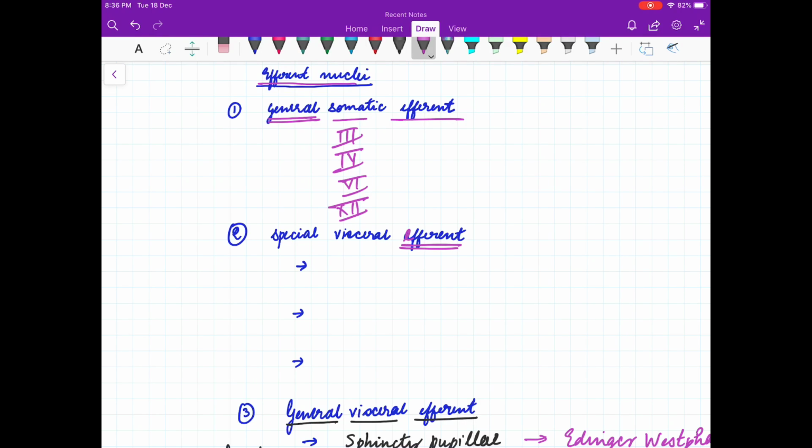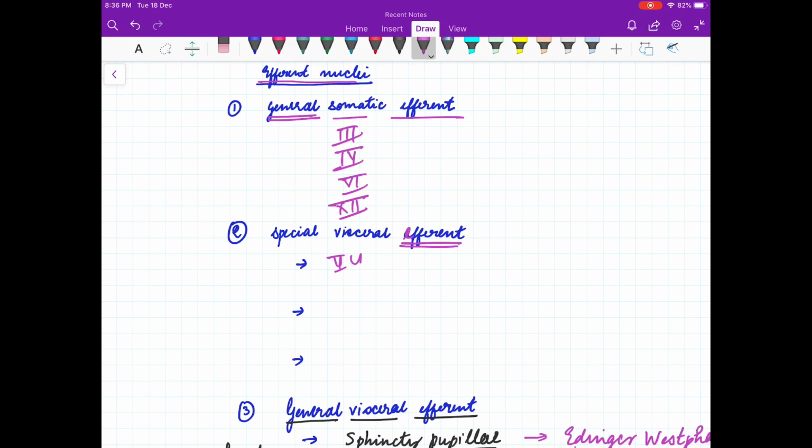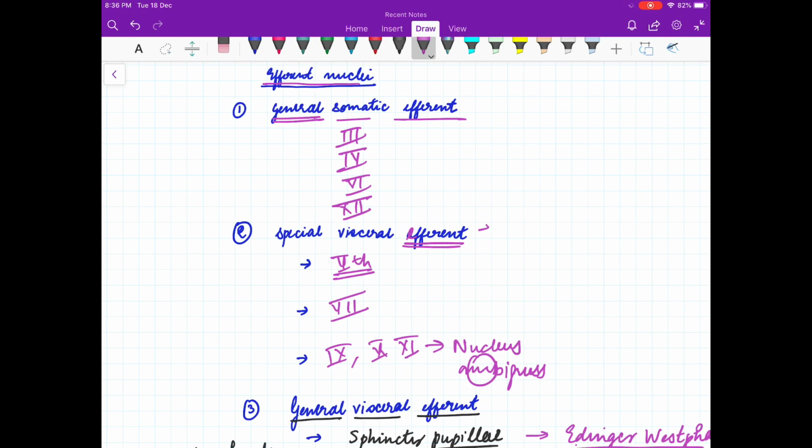Its components are fifth nerve, seventh nerve, and 9th, 10th, and 11th nerve. Fifth nerve forms first pharyngeal arch, seventh forms second. These are together called nucleus ambiguus. From M, you can remember it is motor. So these are the muscles of the pharyngeal arches.